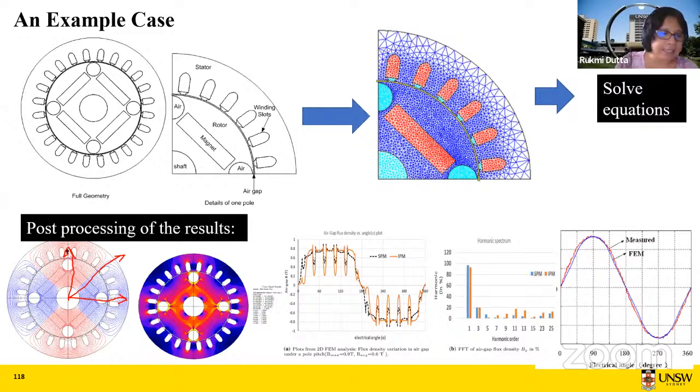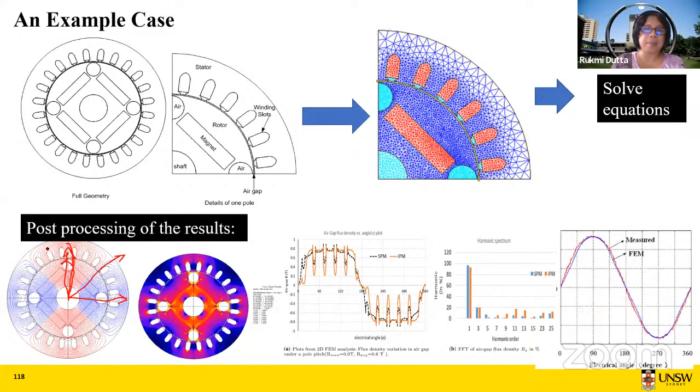Whereas along the q-axis, it doesn't have to cross the magnet. It just needs to cross the air gap alone, which is a very small air gap, 0.5 to 0.1 millimeter. So in the q-axis for IPMSM, the reluctance is very small. That means inductance is large. Lq is large compared to Ld.